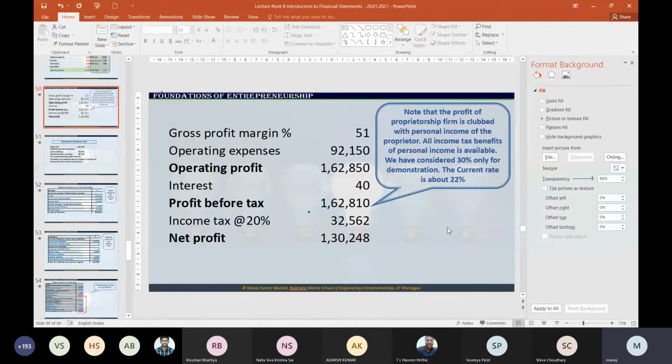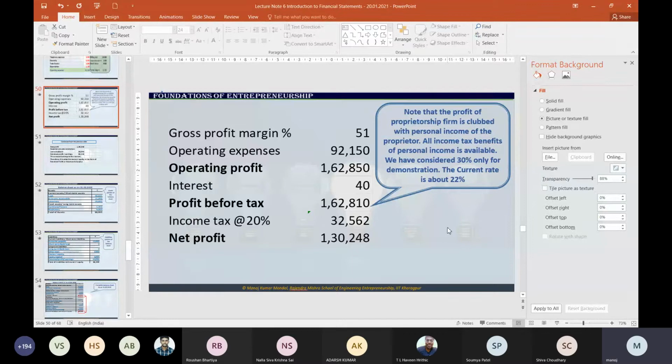So let us say interest is 1% for argument's sake. Interest is 1% on your 4,000 rupees, so annual interest is 40 rupees. So you deduct 40 rupees from operating profit. Then you get profit before tax, that is 1,62,810.